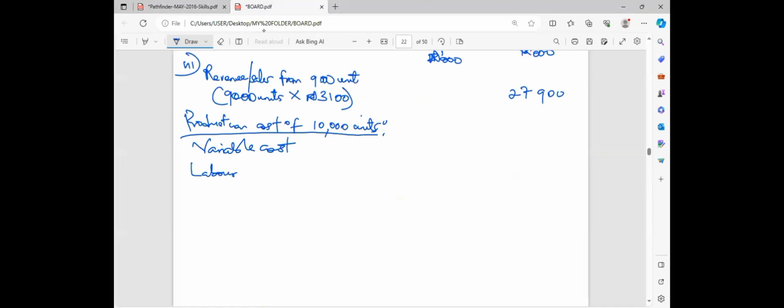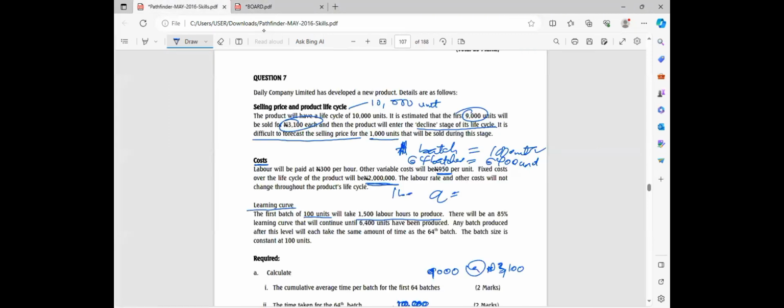Production cost of 10,000 units is split into variable cost and fixed cost. Under variable cost, we have labor cost. So what will be the labor cost for 10,000 units if labor will be paid at 300 naira per hour? It should be the rate times hours.